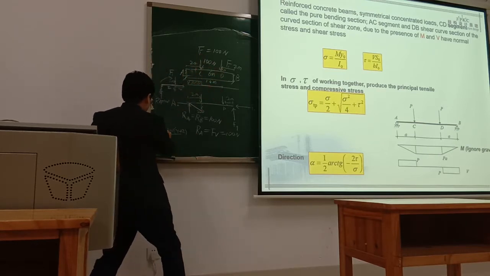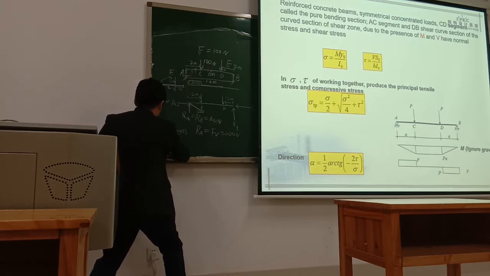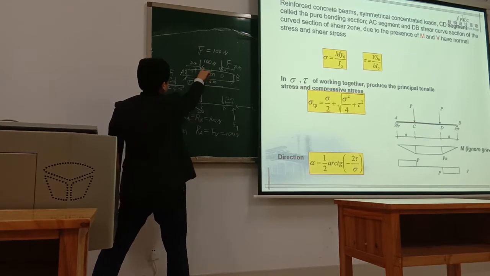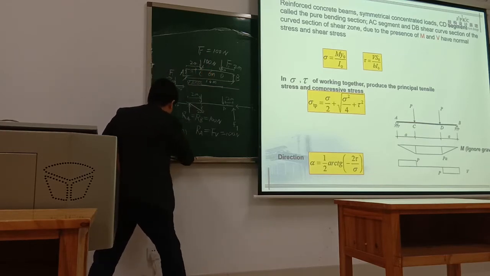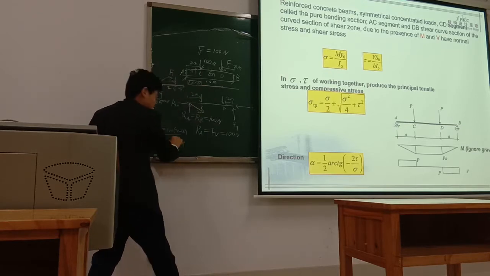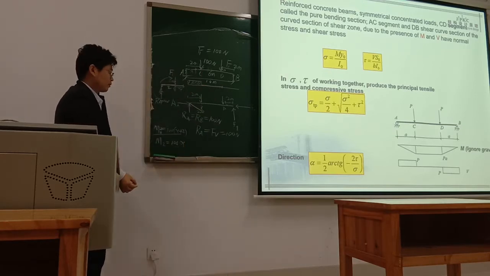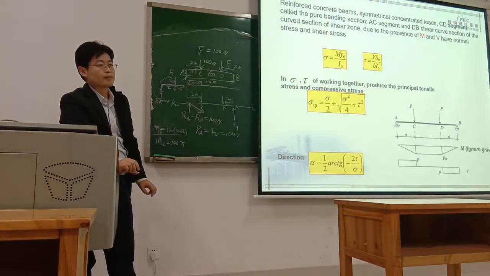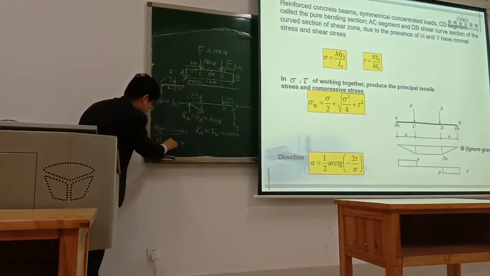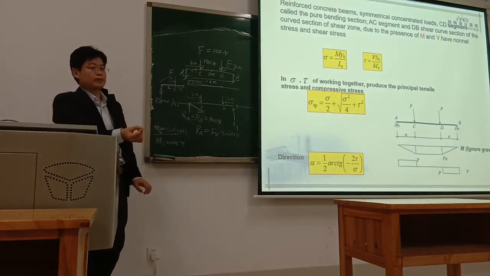So M2 is 100 times x. Since it is anti-clockwise, it is negative.